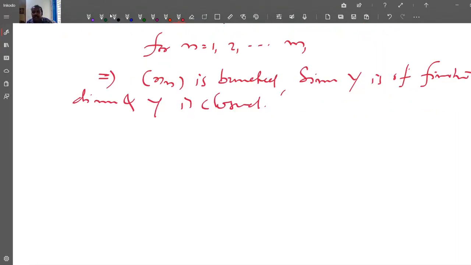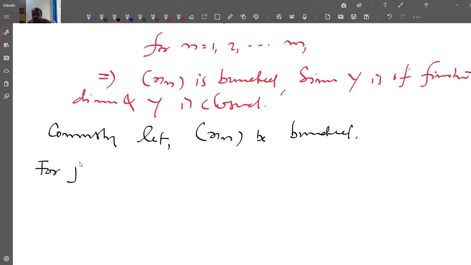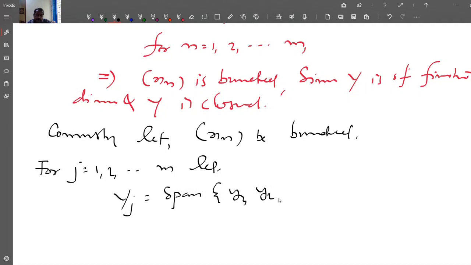Now conversely, let xn be bounded. For j equal to 1, 2, etc. m, let Yj be the space spanned by y1, y2, etc. yj minus 1, yj plus 1, etc. ym.